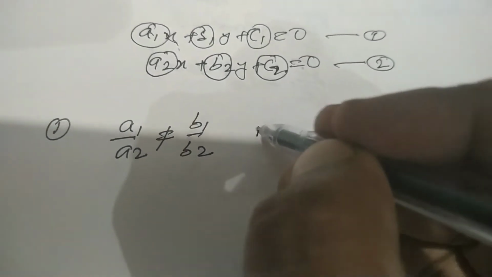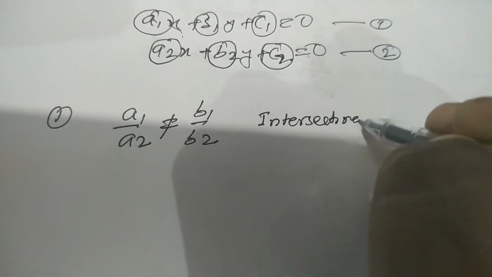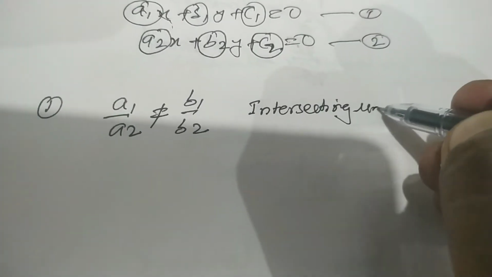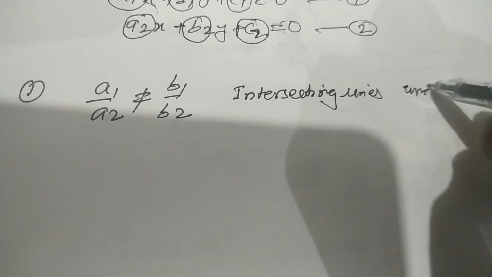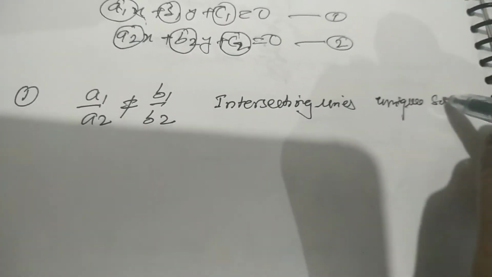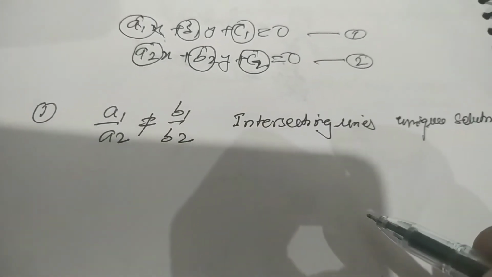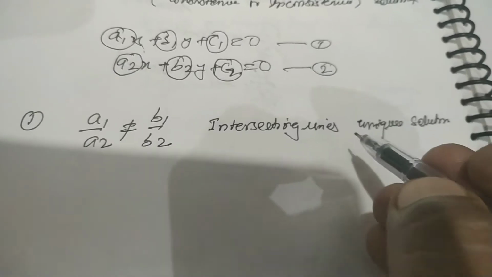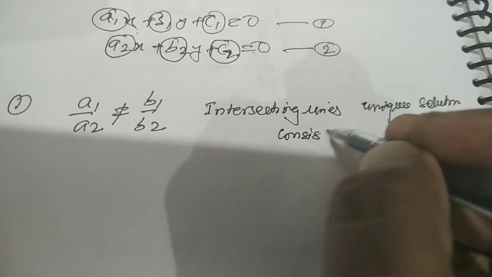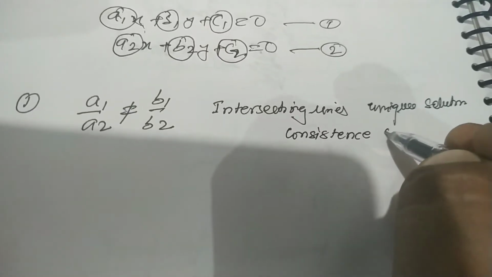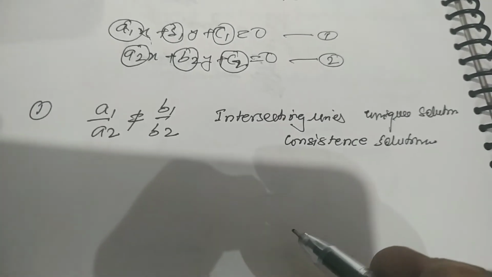Then these lines are called intersecting lines, and there is a unique solution. That means only one answer which is the same for both equations. Such a solution is called a consistent solution.